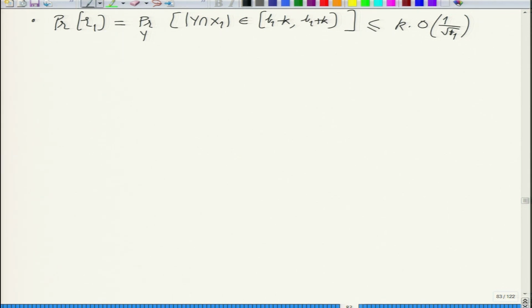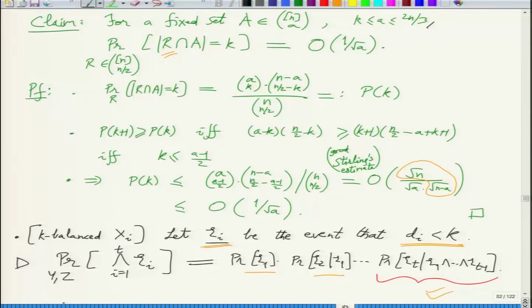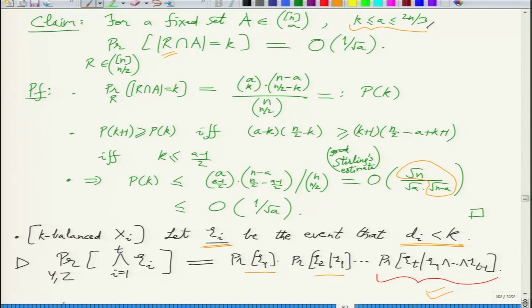Is that clear? That lemma had some assumptions. You just have to check that those assumptions hold. So there was this assumption that when you are looking at the cardinality to be k, the subset should be bigger than k, and the subset itself should not be much bigger than 2n by 3, it should be at most 2n by 3. So those assumptions hold in our case.